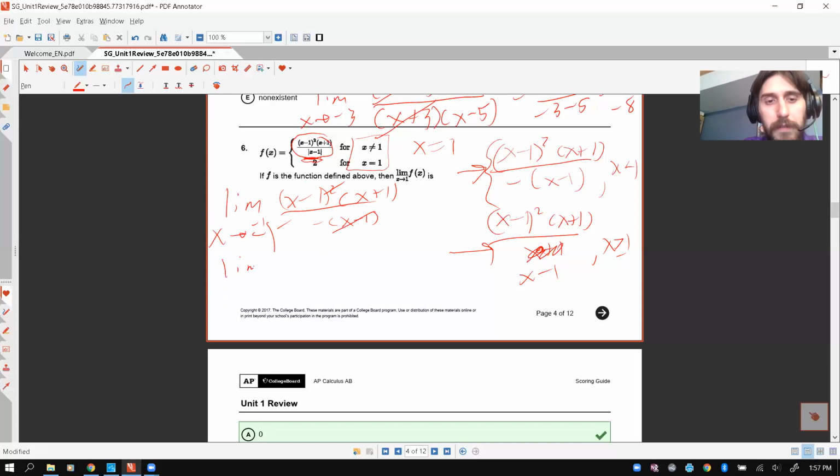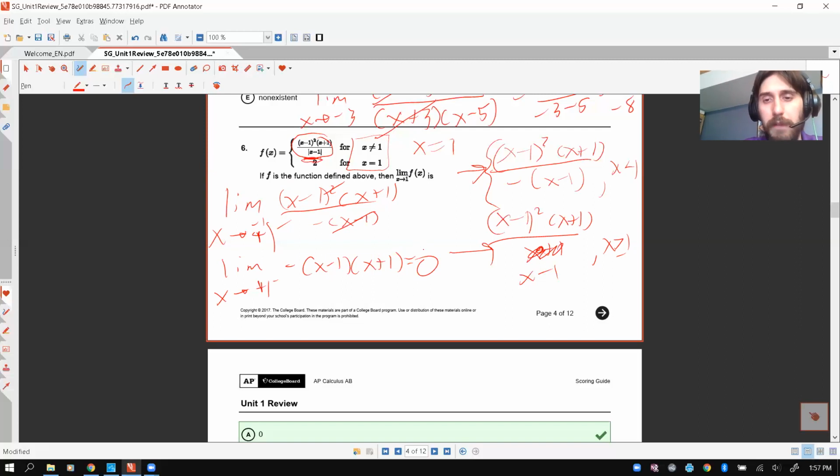We get the limit as x approaches 1 from the left of negative (x minus 1) times x plus 1, which you can do through direct substitution. If you plug in 1, you're going to get 0.